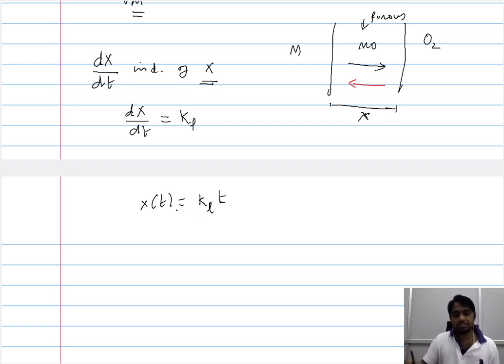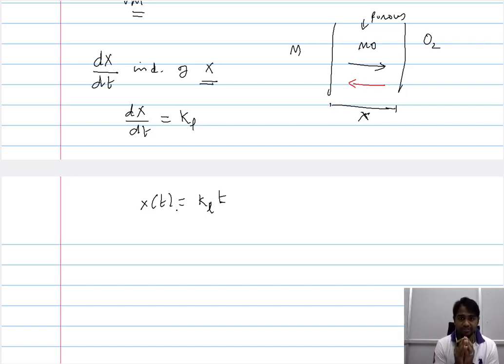So there is a constant increase in the thickness of the metal oxide with time when the mobility of the ions is so high that the thickness does not govern the overall rate of the oxidation. When you have a system which is porous in nature, or which has highly diffusive ions that cause the oxidation, the overall rate of oxidation is not governed by the rate at which the ions diffuse within the metal oxide.